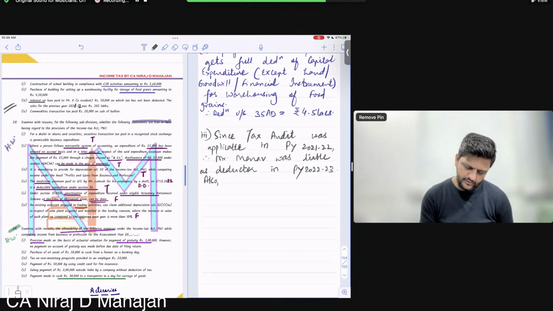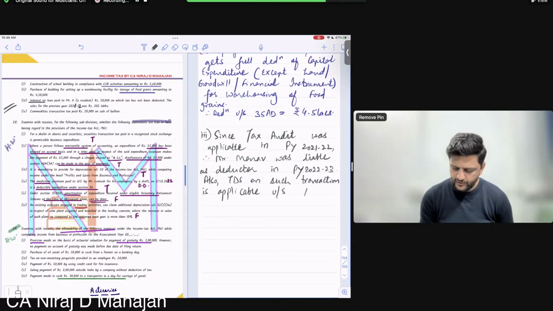Also, TDS on such a transaction is applicable under section 194A.